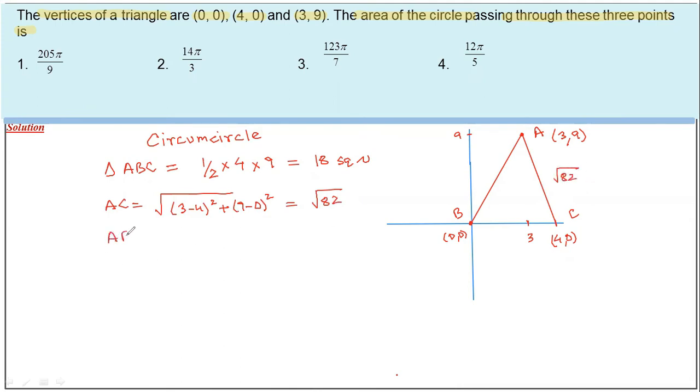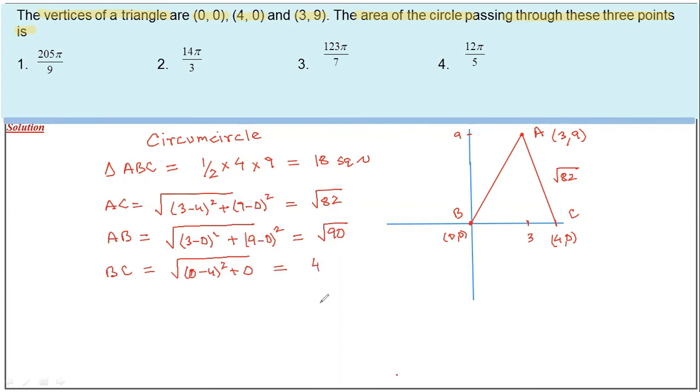Length of AB would be root under (3 minus 0) whole square plus (9 minus 0) whole square, that is root under 90, and length of BC is 4 units. We already have seen that. So (0 minus 4) whole square plus 0, so that is equal to 4.